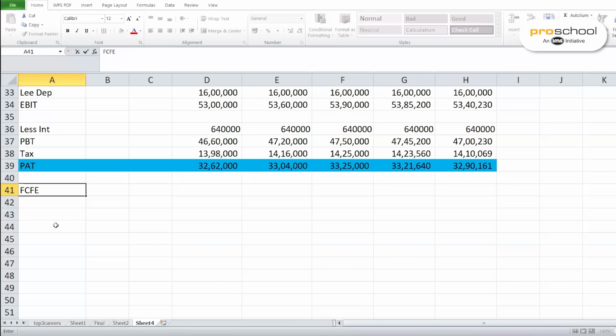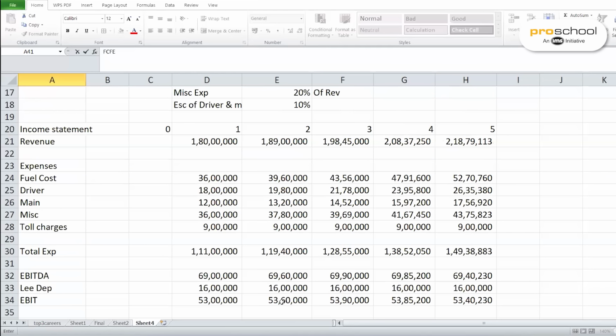Now, how do we calculate the free cash flow to equity? This is very interesting. Let me just show you one basic first. I'm sure you must have seen in your cash flow that there are three kinds of activity: cash from operating activity, cash from investing activity, and cash from financing activity, right?